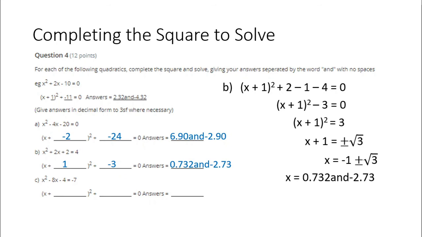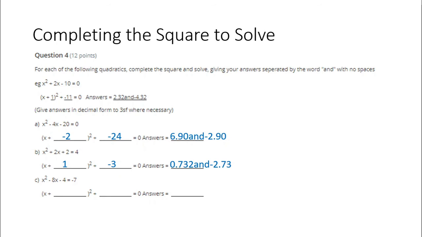Question C, again, is not in the correct format to begin with. I wanted it to be a completed square equal to 0, so I started by looking at the b term and halving that, put that inside the bracket. I definitely want that -4 term outside of the bracket, but what I do not want is the value inside the bracket squared, so subtract 16.